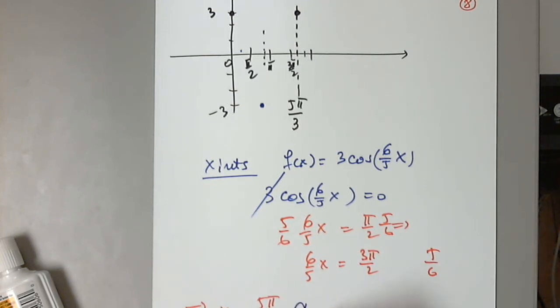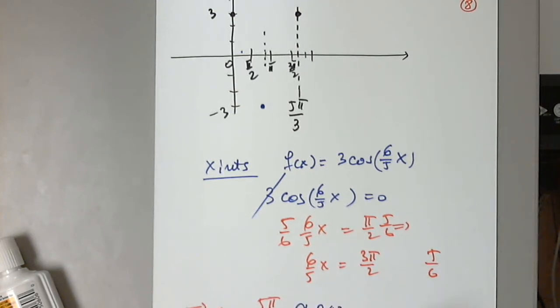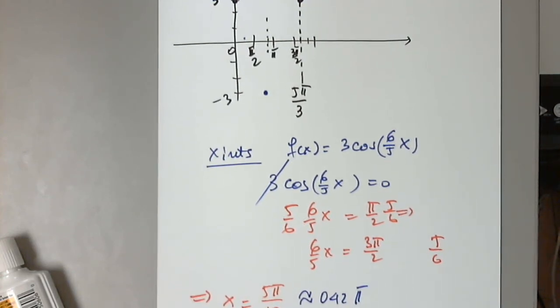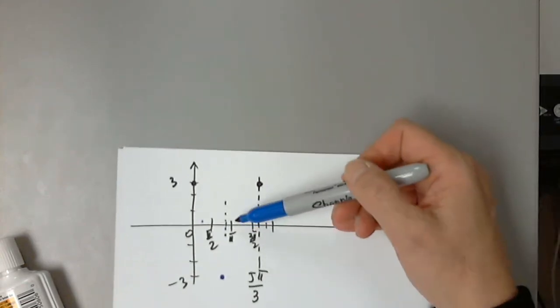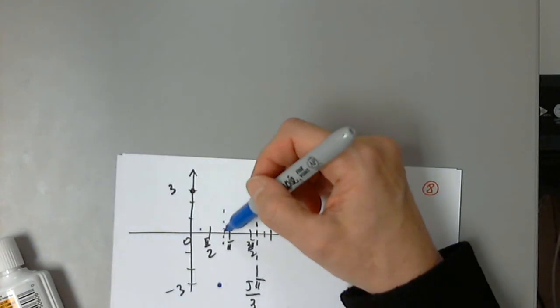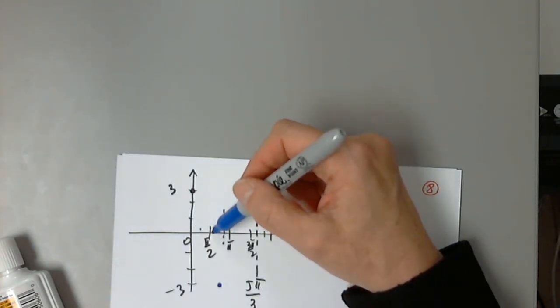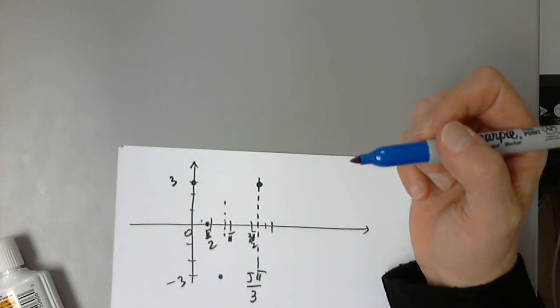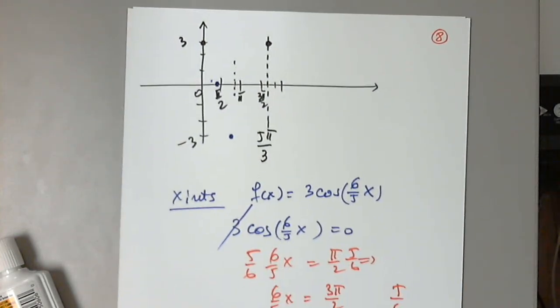Approximately 0.42 pi, and this is exact, 1.25 pi. So here's pi, only 0.42, a little bit less than half of pi, so somewhere here. The other one is 1.25 pi.